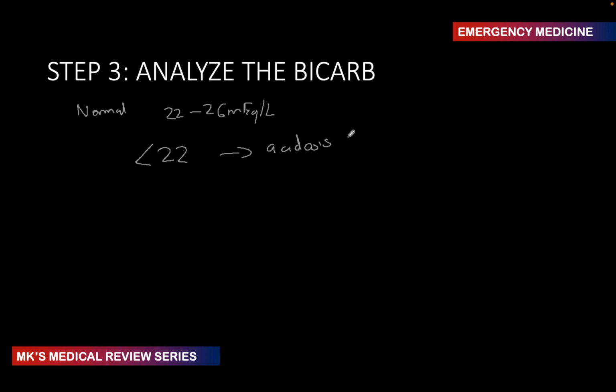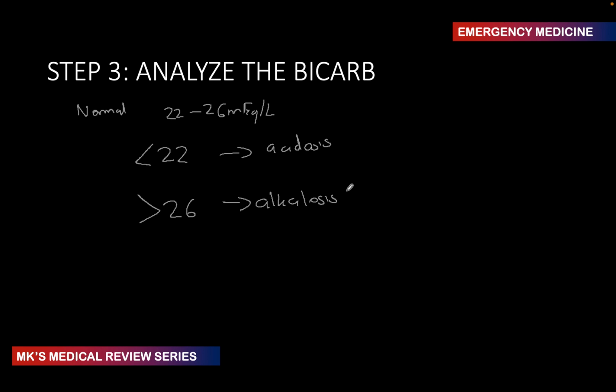It means that your blood is going to be acidotic, because you have lost the thing that is making your blood alkalinic. So this represents acidosis. Then if your bicarb is greater than 26 milliequivalents per liter, this points towards an alkalosis, because you have retained a lot of bicarbonate, which gives your blood its alkalinic nature.